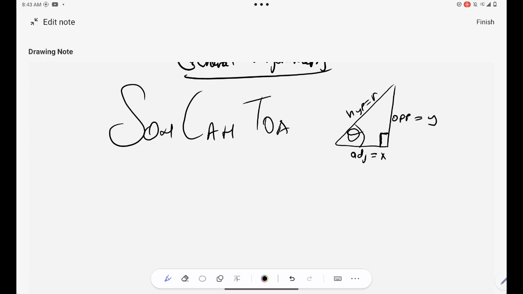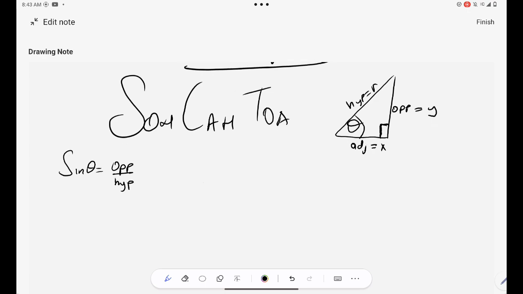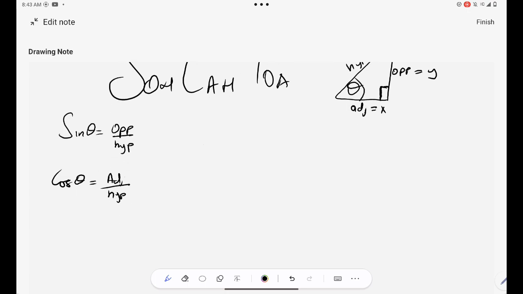Are you together? So this simply means that the sine of angle theta should always be equal to opposite over hypotenuse. Are you together? Then the cos of angle theta should be equal to SOHCAH, it's A and H. That means it's adjacent over hypotenuse.